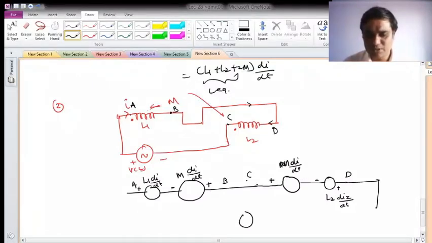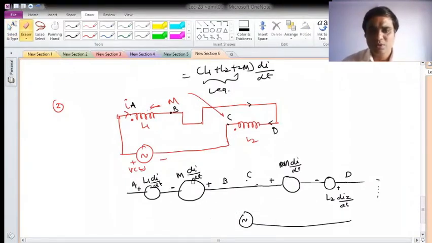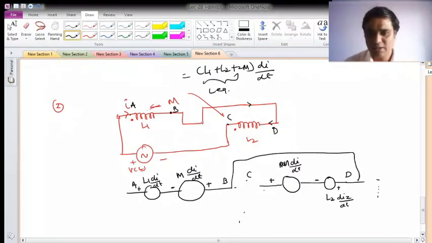Okay, and to this source is connected, not to the D. No. So this is not correct. What will happen? B is connecting to D basically, and now with C and A terminal there is the voltage source V.